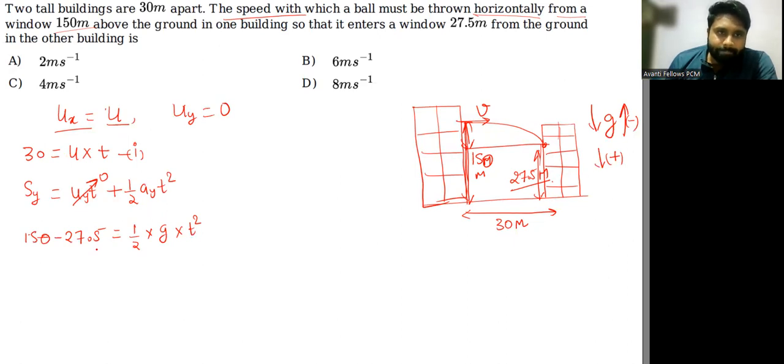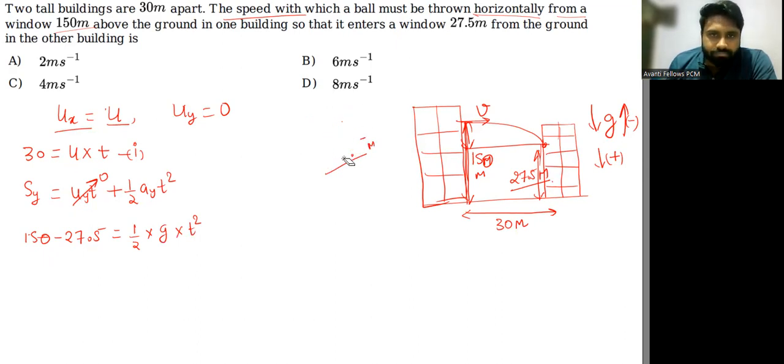So now we are going to put the value of t in terms of u. Here 150 minus 27.5 will become 122.5 meters.